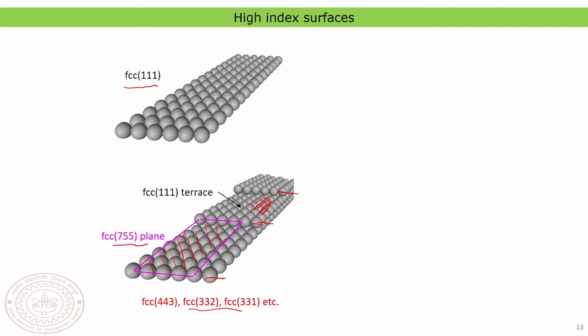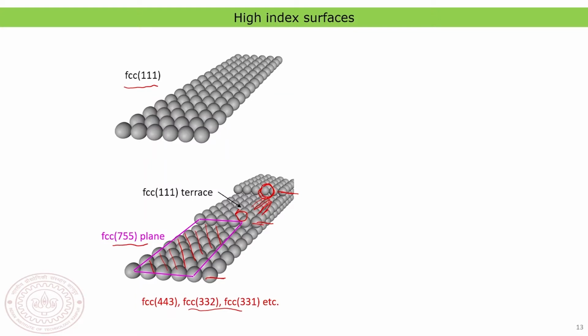But now what is the significance of a surface having step edges? As we have already discussed earlier, whenever you have step edges, you end up with atoms that have low coordination compared to the atoms on the surface. So of course you can see here on an FCC 111 surface, the coordination is very high, but the atoms at the step edges are going to have lower coordination.